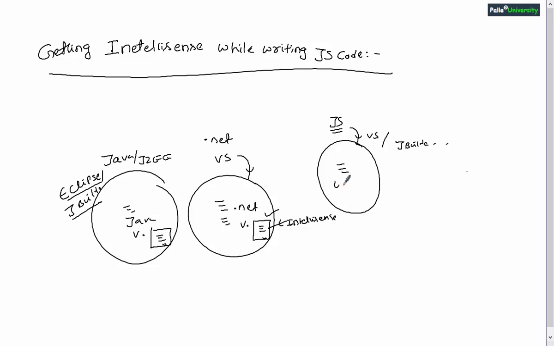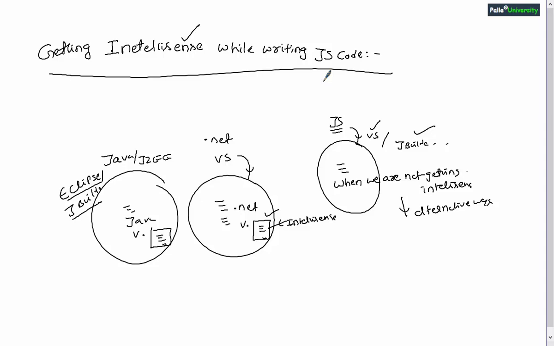When we are not getting IntelliSense, especially when writing code either in Visual Studio or in some other software, there are some alternative ways we can use for getting the IntelliSense window. I am going to explain these alternative ways in the current session.